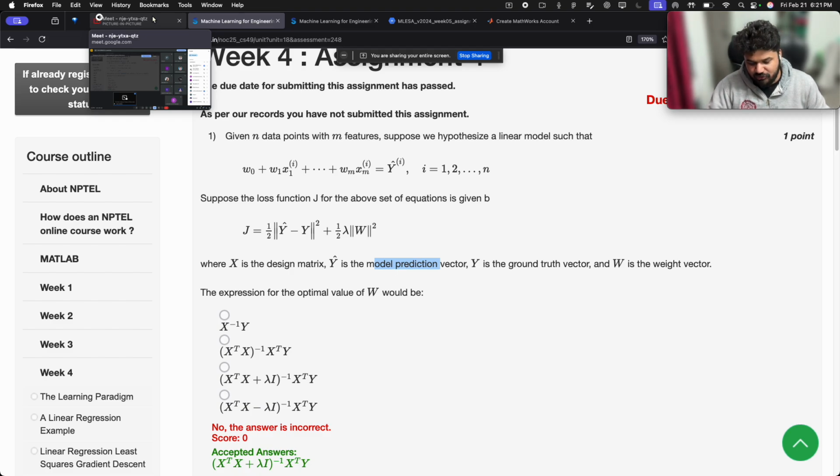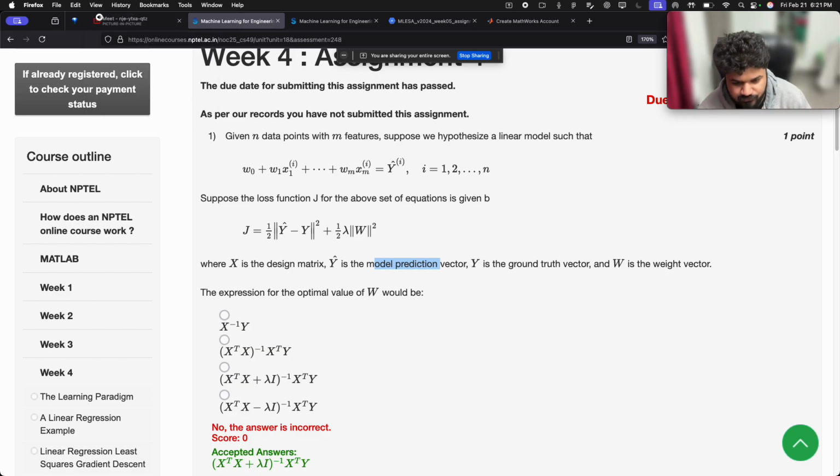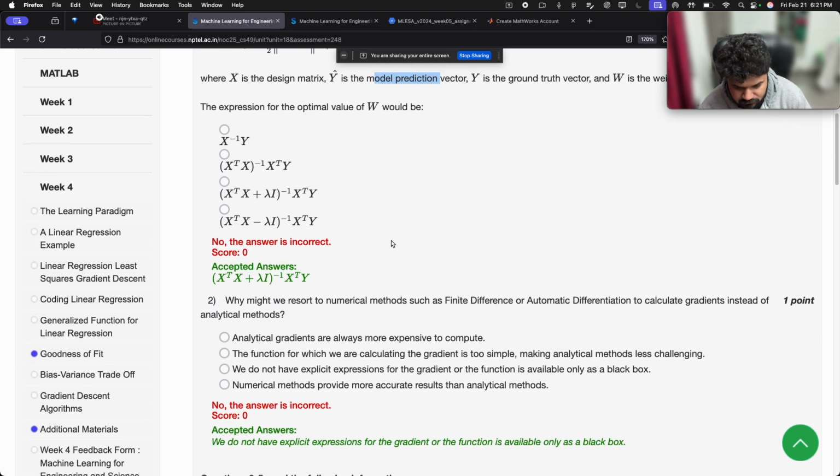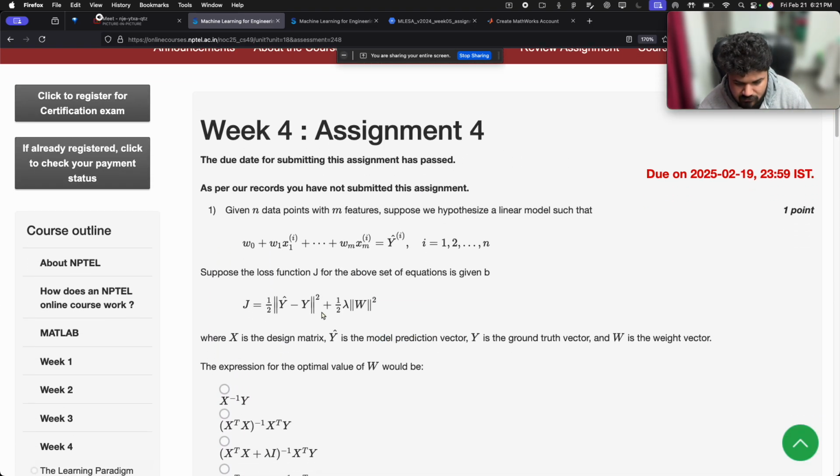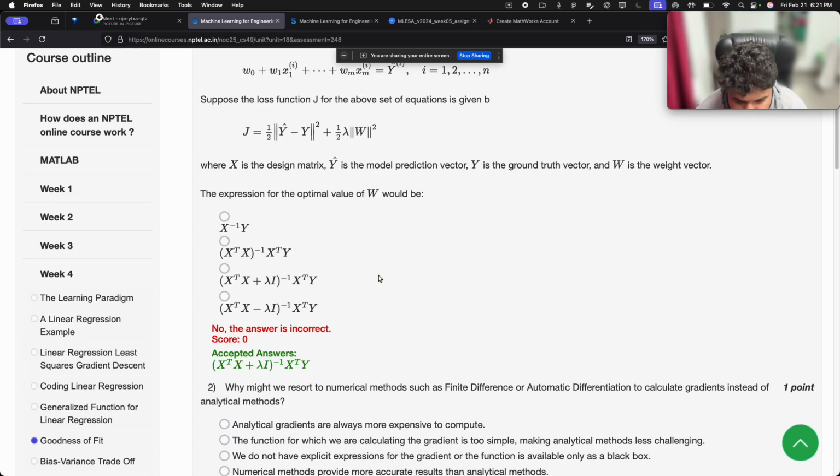I think the fourth option should be correct as per you, and I also feel that, but my iPad is down, let it charge for some time and then I'll discuss. Anyways, let me write it on paper and then I can show you. Lambda, in this thing, I think is eigenvalues only, because when you do regularization, it should always be with the loss, but this expression is not with the loss.